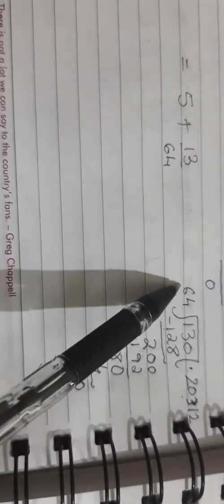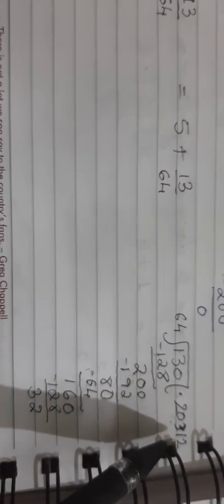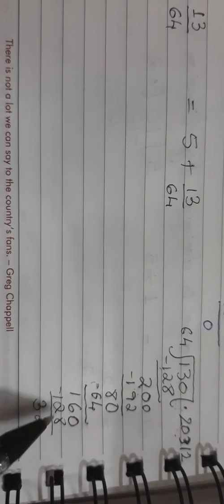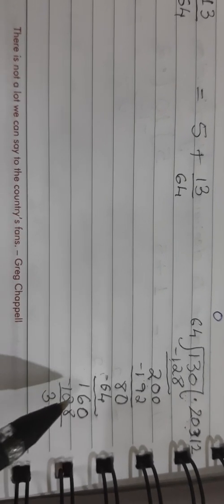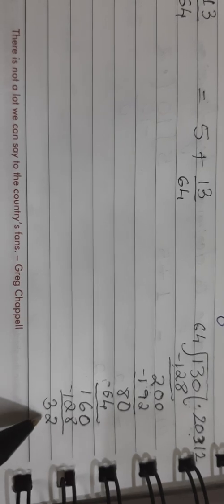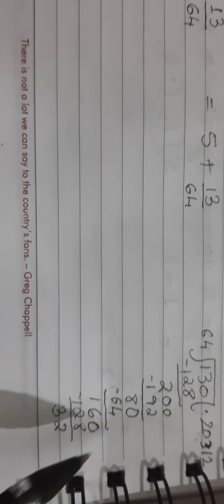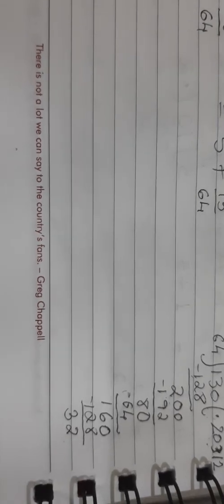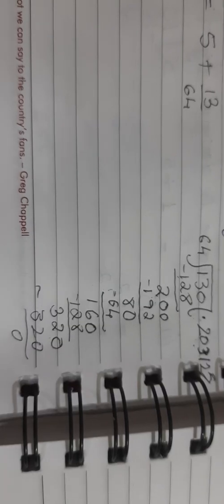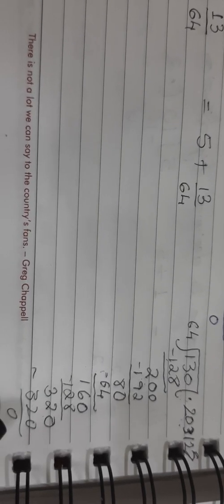So with 64 I did with 2, which brought 128. 64 2s are 128, so 160 minus 128 is 32. Again it's not 0, we can't stop. Since we have put a decimal, you can bring a 0 down here and change 32 to 320. So 64 into 5 is 320. Now finally we get 320 minus 320 is equal to 0.